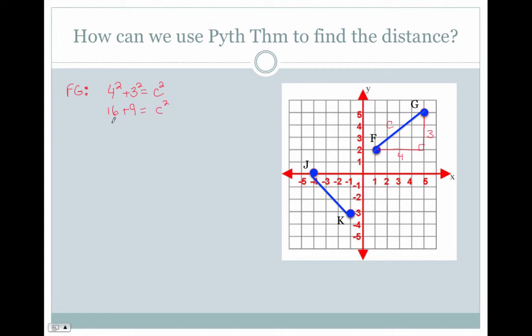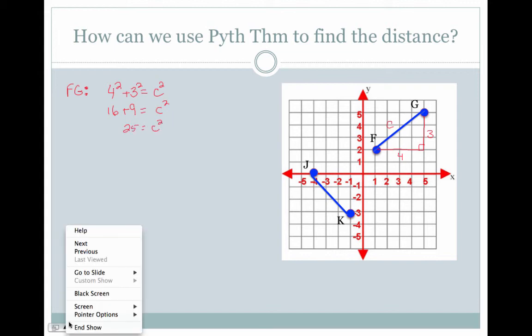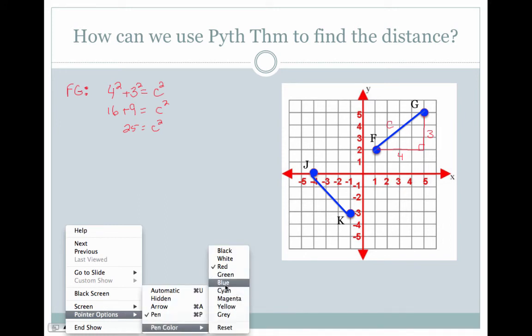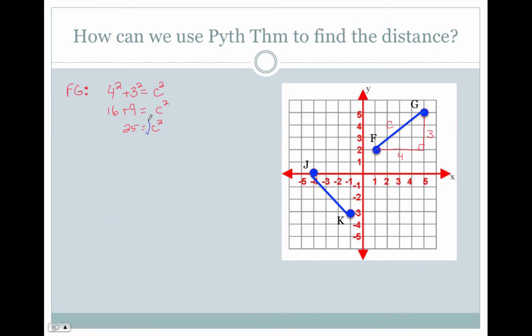So 16 and 9 is 25. Do you remember how to get rid of squared? I'm hoping you're saying square root right now in your head. Yep, to get rid of squared, you square root both sides, and you end up with exactly what we had before. And then we can do the same thing here for JK.